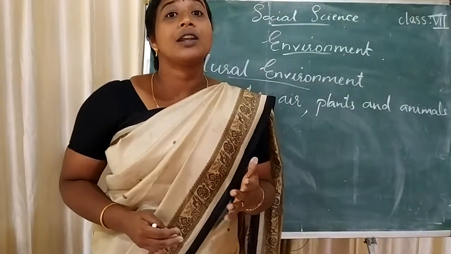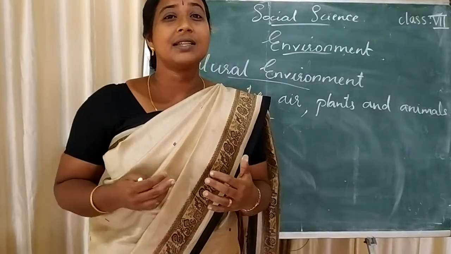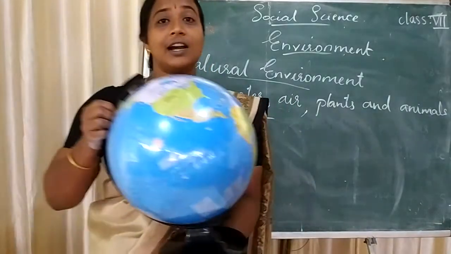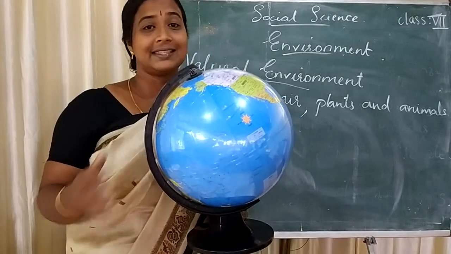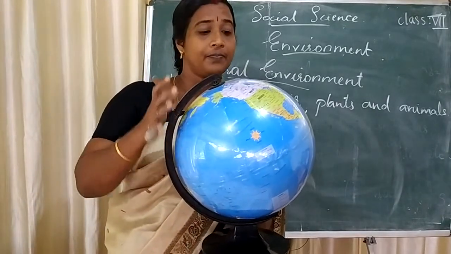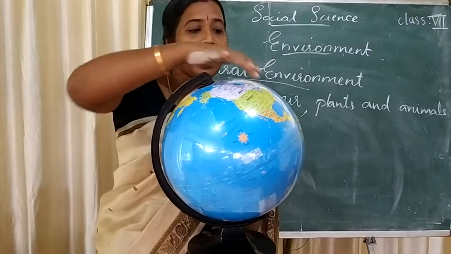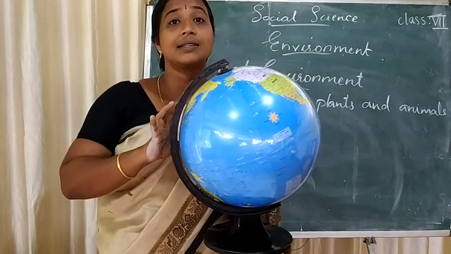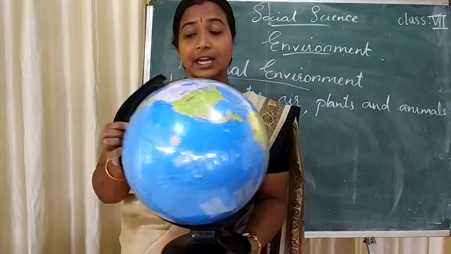Lithosphere is the solid crust and it is the hard top layer of the earth. Children, what's this? Yes, it's a globe. In this globe, the model of earth, this top layer is called lithosphere.